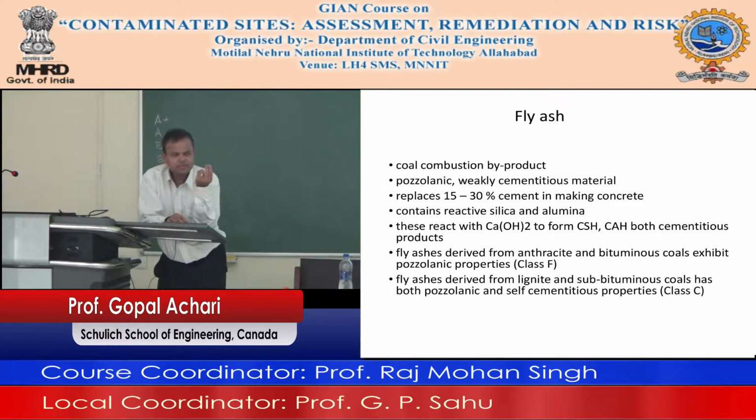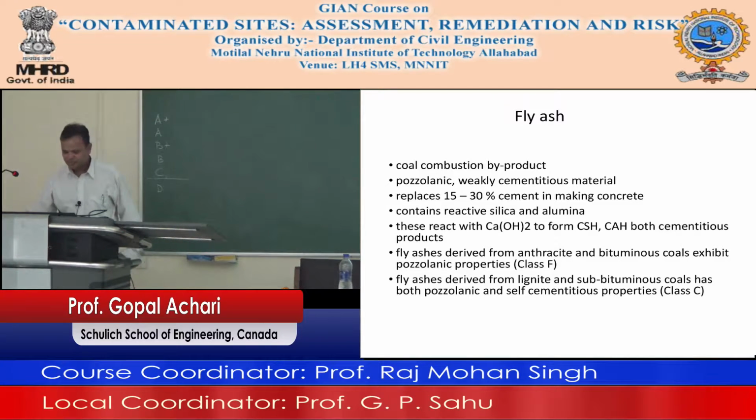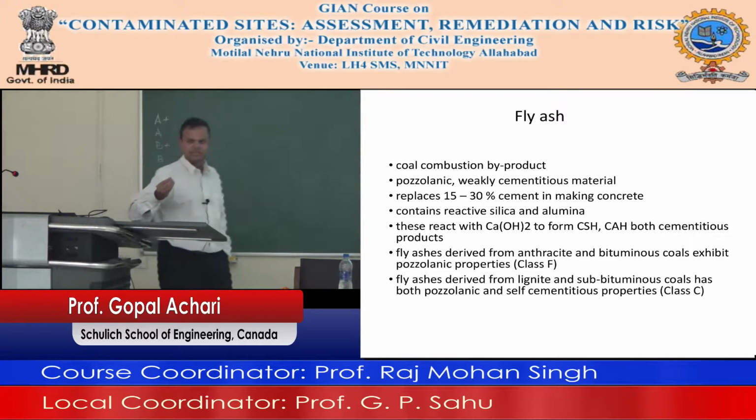If you look at the conditions of forming cement, there is some similarity with the burning of coal. The carbon is gone, but the silica and alumina that are present, maybe there is some clay and all that, will actually be present in the so-called fly ash. It's a very fine material, more like silt.